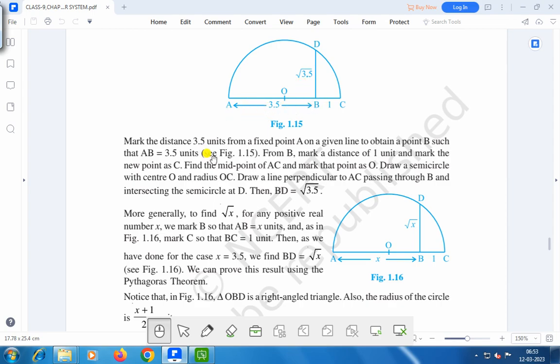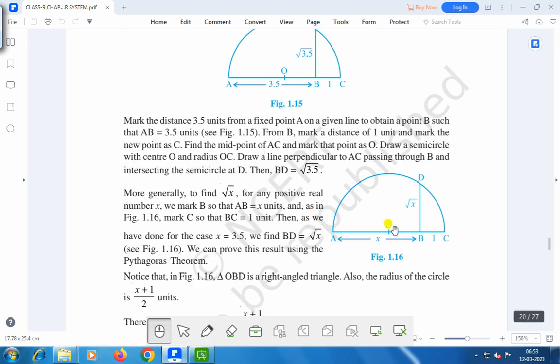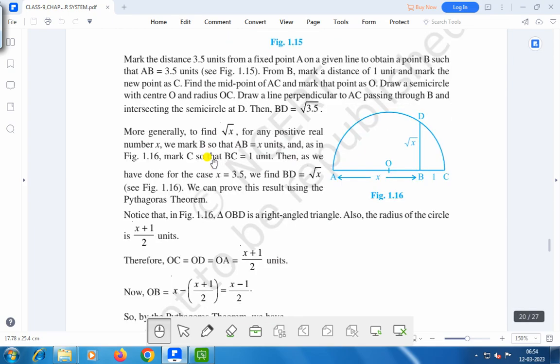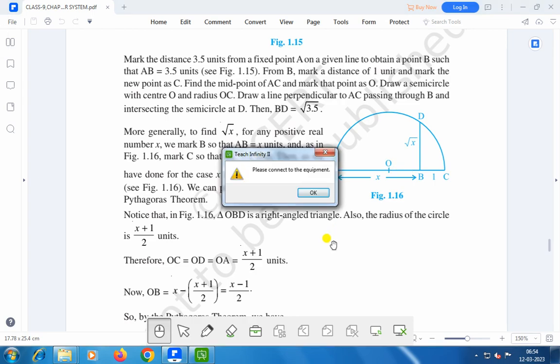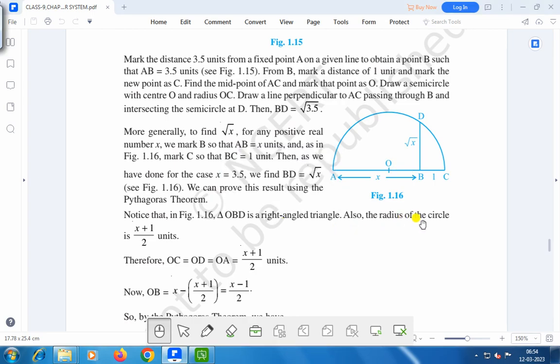Here you see that if we take x, this BD is root x. Now we find that. Notice that in the figure, in triangle OBD, the right angle triangle, the radius of the circle is x plus 1 by 2 units.